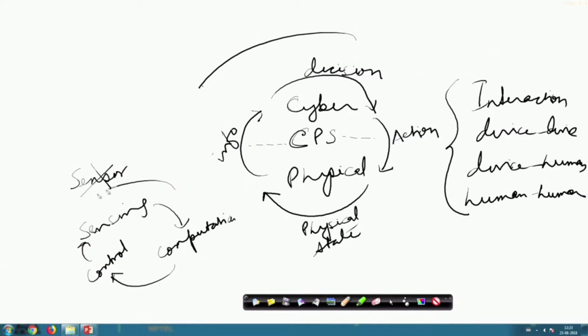So, this kind of loop is going to exist in cyber physical systems.